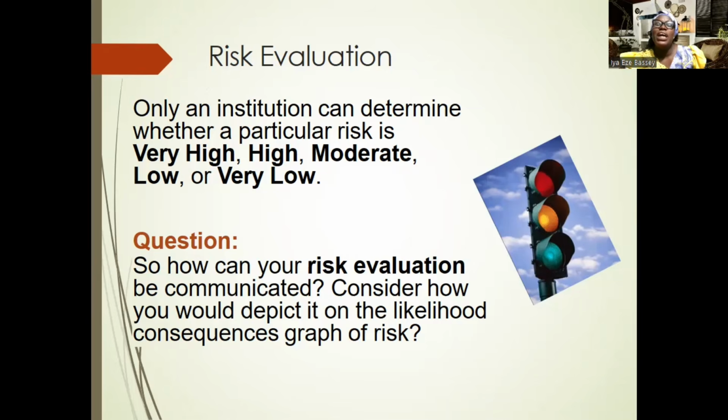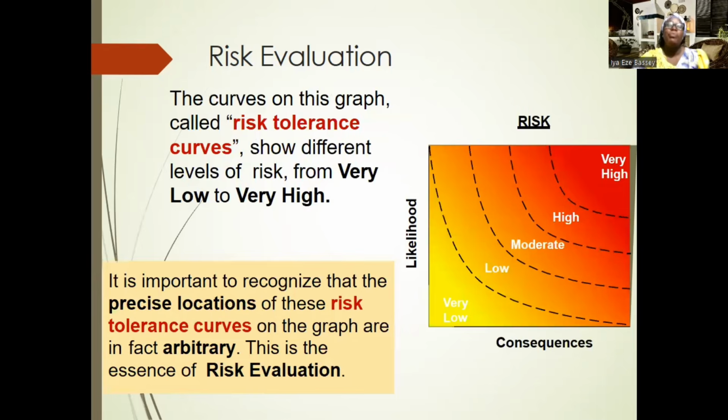So the question I want to ask you is, how can you communicate your risk evaluation, maybe to the community, to your funders and all that? How will you depict it on the likelihood consequences graph of risk? So you should be able to do that. When you talk about risk evaluation, the curves on this graph are called the risk tolerance curve, and it shows different levels of risk.